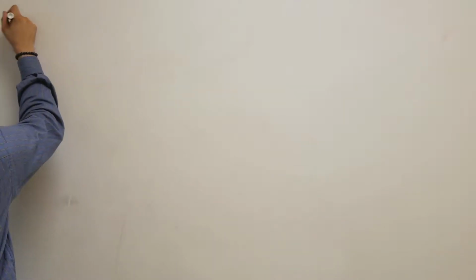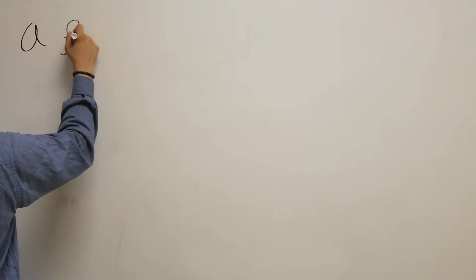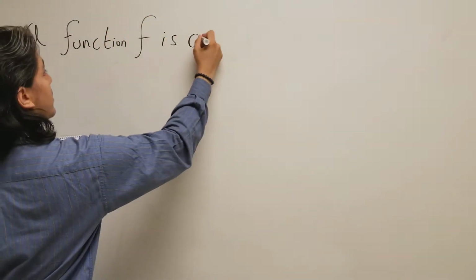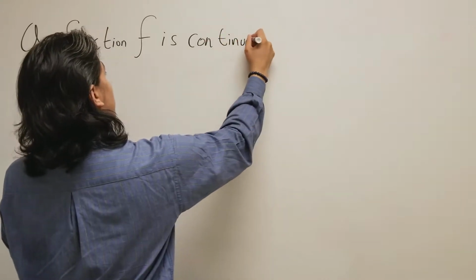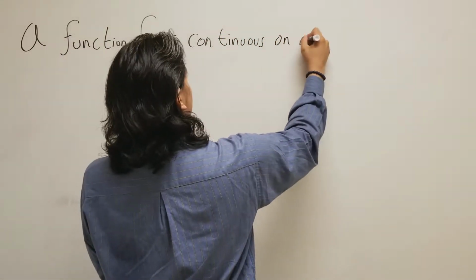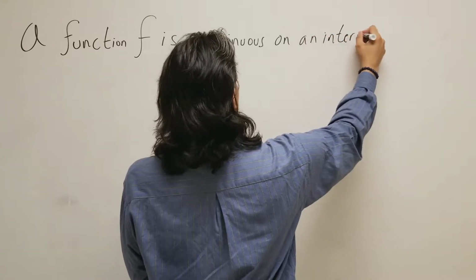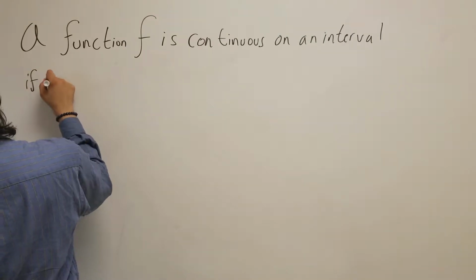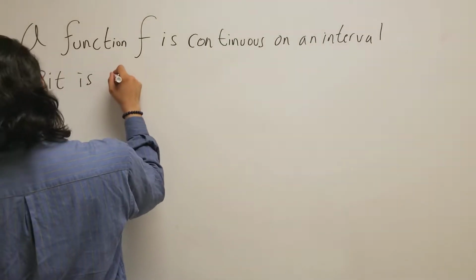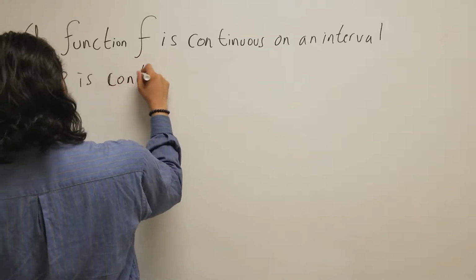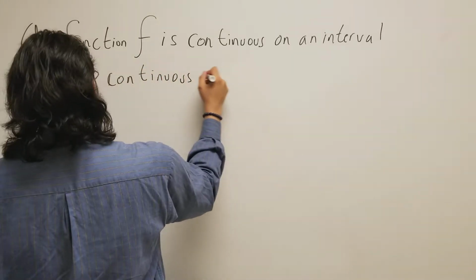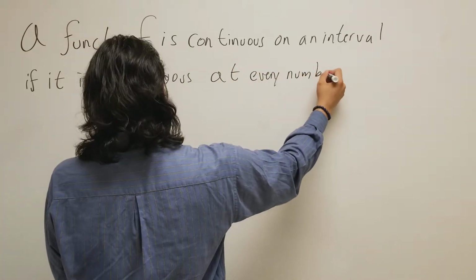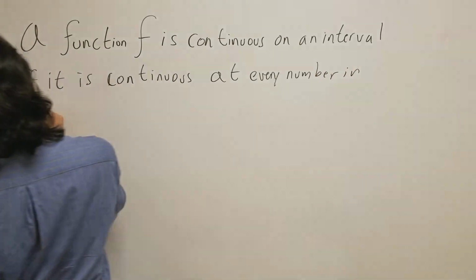So the definition is: a function f is continuous on an interval if it is continuous at every number in the interval.